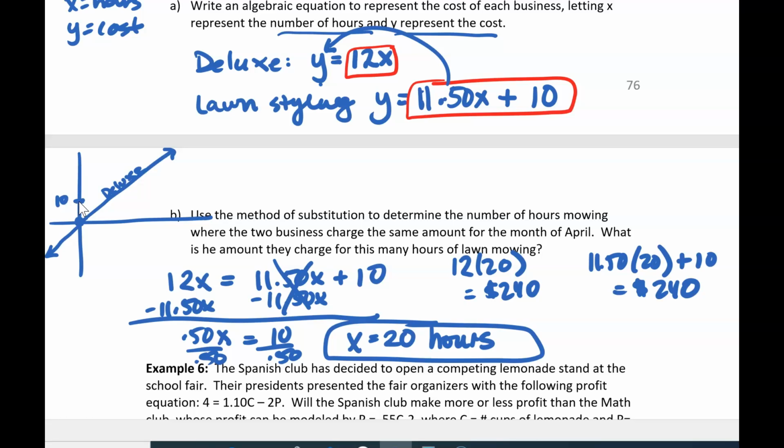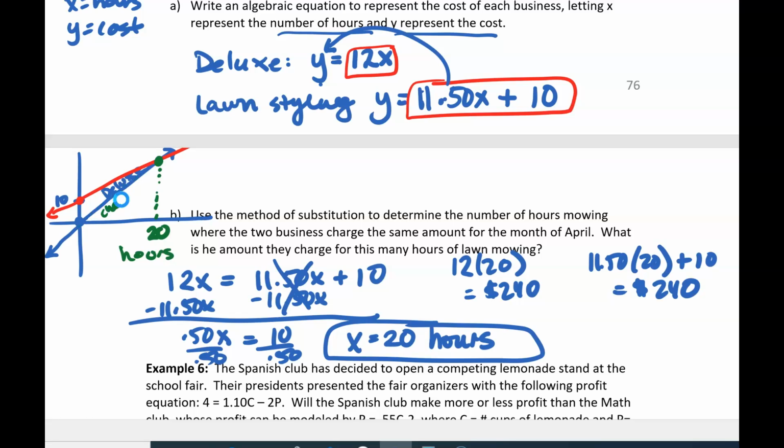I'm going to use a different color. The slope is not as high, so it's not going to be as steep as the deluxe one. Okay, and they've got this point where they're equal, and that point is 20. So you can look at the graph and see that if you are going to need less than 20 hours of cutting, the deluxe company is going to be cheaper because the deluxe company is lower.